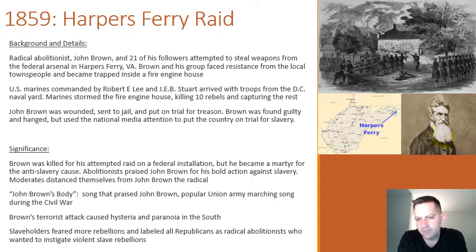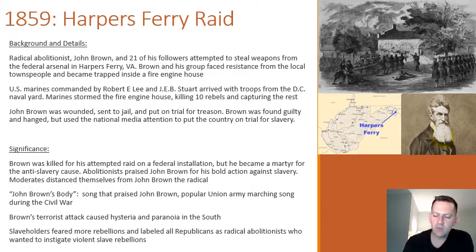John Brown's idea was to take a group of men, a group of abolitionists. Some of the men were former slaves, some of them were his sons. John Brown wants to attack this town. He wants to go to where the guns are. He wants to steal guns from the U.S. military, and then he wants slaves on nearby plantations to come help him.